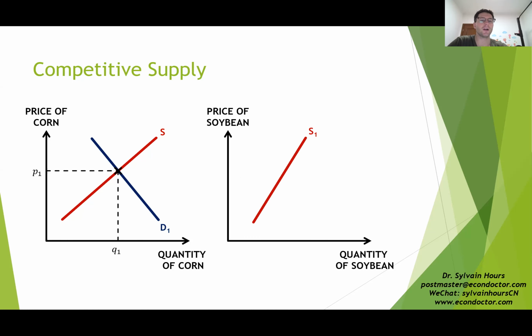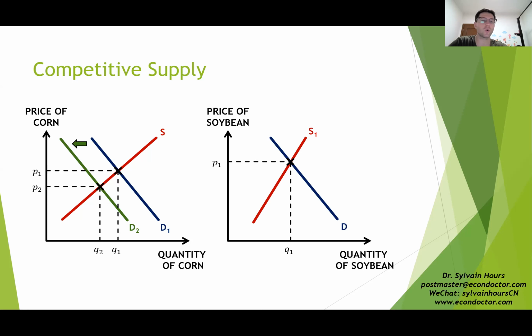What if, same thing, let's start with our two markets in equilibrium. Let's say that the demand for corn decreases, doesn't matter why. So this leads to a lower price of corn. And if you see that corn has become less valuable, that's the signal that is sent to you. Then the incentive function of the price mechanism tells you, all right, that means that I should produce less.